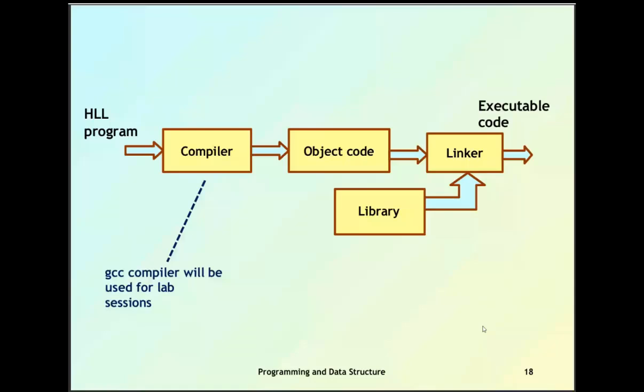As of now, just think that along with the object code, something else gets added, and it gets converted to the executable code. That executable code finally will run on your PC, on your CPU.